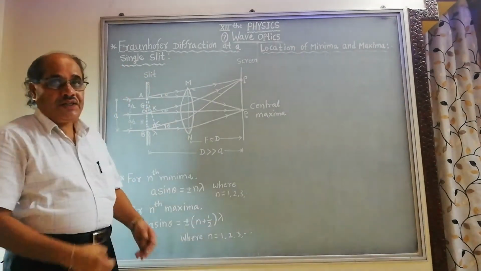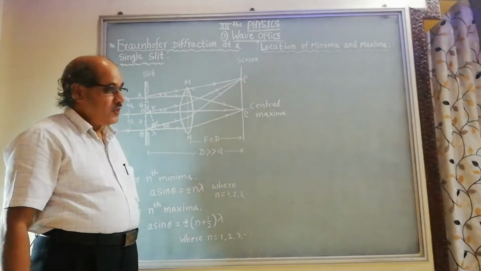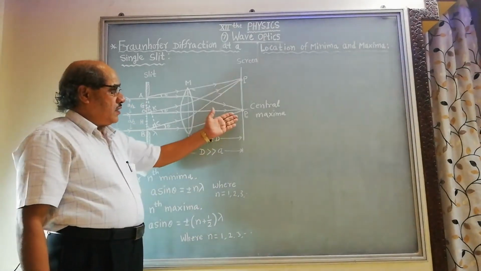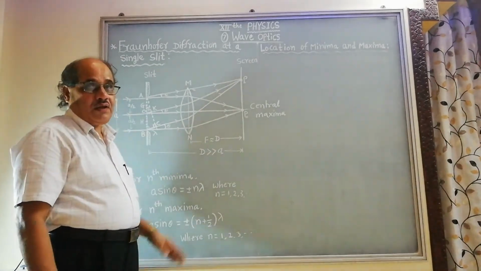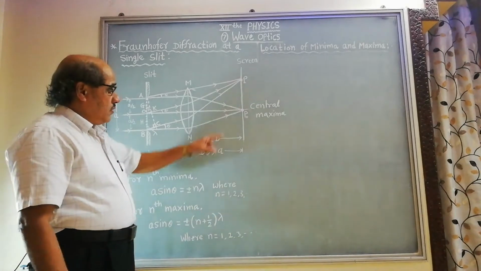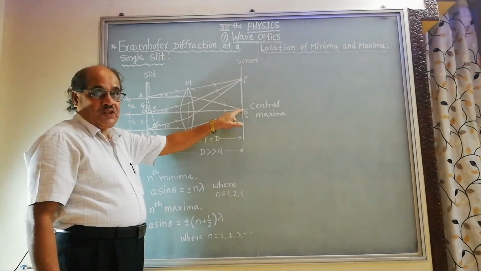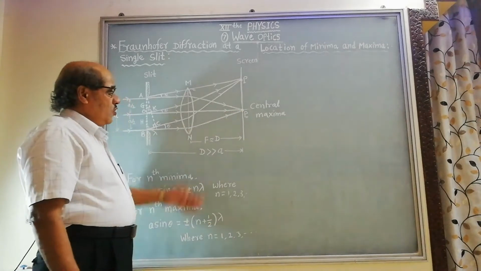The intensity at this point is maximum. So this is the brightest point in the diffraction pattern. So we have a central maxima here on the screen.